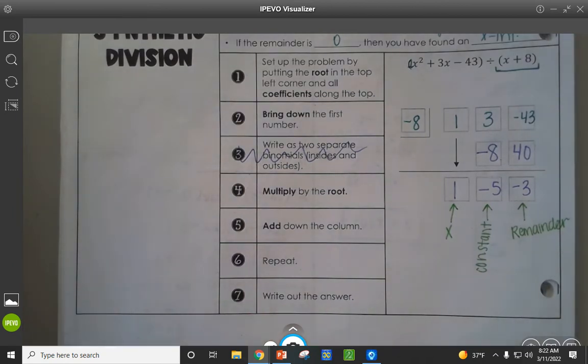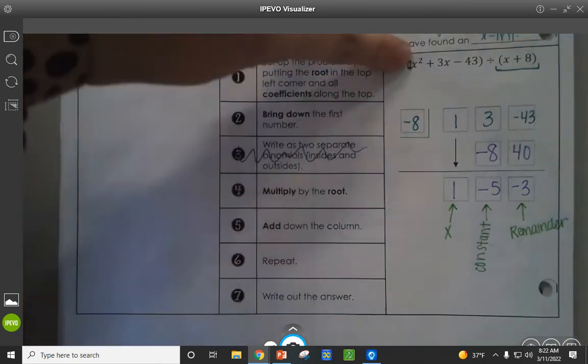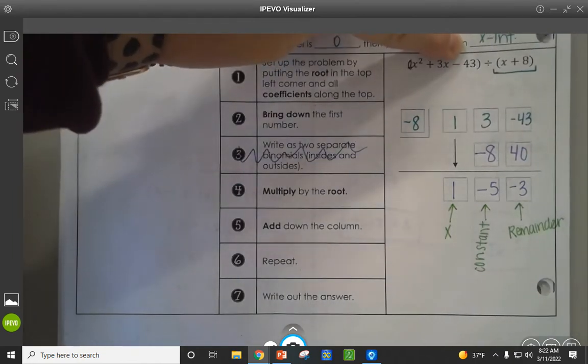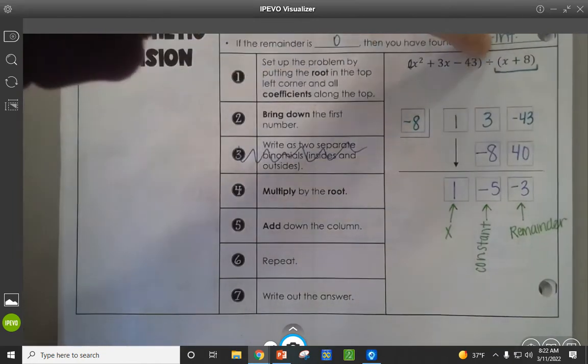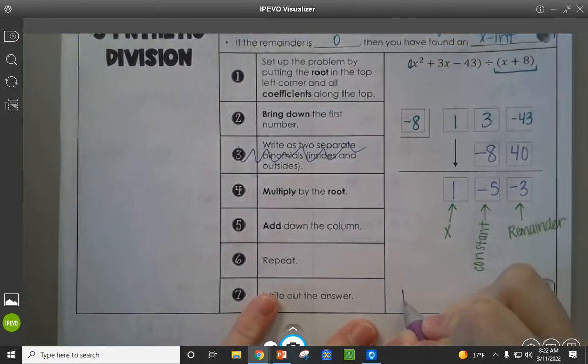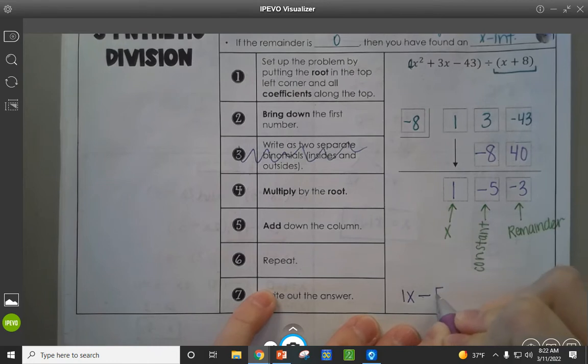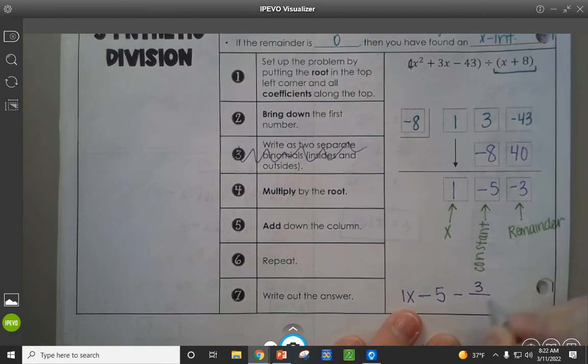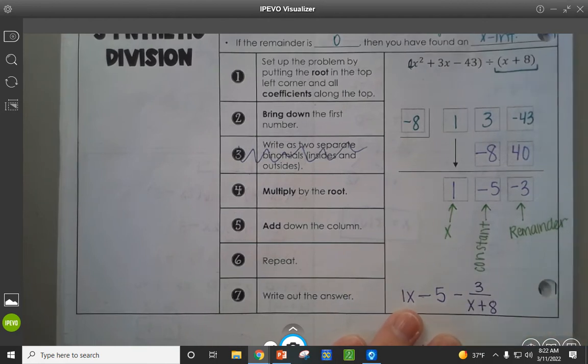So what this means is that x squared plus 3x minus 43 divided by x plus 8 equals 1x minus 5. And then with your remainder, you put your remainder over that x plus 8.